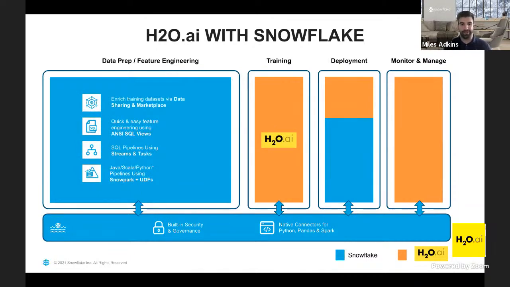And so when it comes to data prep, there's nothing stopping you from doing data prep and feature engineering inside of Snowflake. We just came out with what we're calling Snowpark and Java UDFs, where instead of having to write a bunch of nuanced code in SQL, which can get pretty complicated when you think about nesting different queries together, we've given you the ability to program in your language of choice.